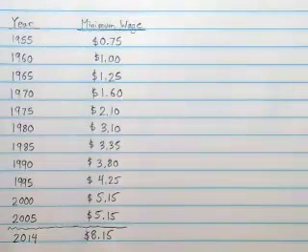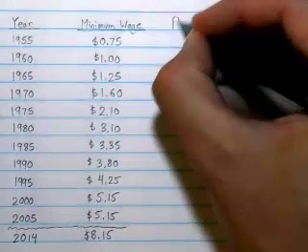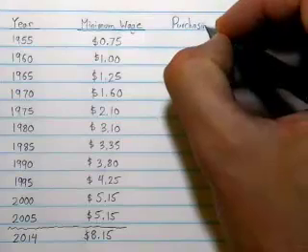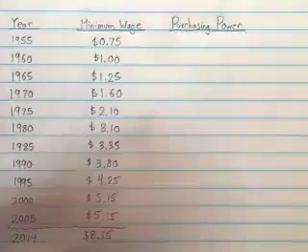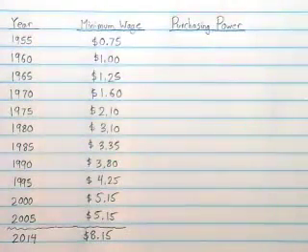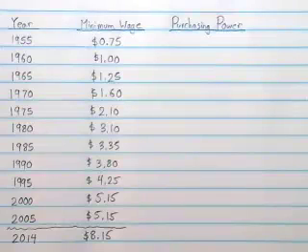Something else we're going to look at here is something called purchasing power. Purchasing power basically represents if we got rid of inflation. So what would the amount of money be that we'd be able to spend in today's dollars back in whatever year it was?